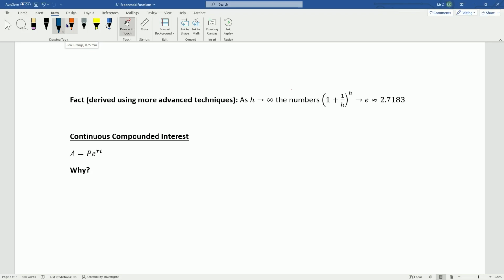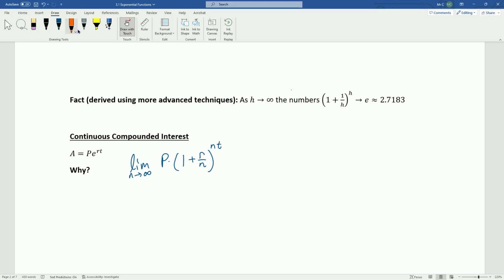So how do they figure out a formula for it? They took a limit, right? They looked at the formula for periodic compounding interest, P times 1 plus R over N to the NT power, and they asked, what happens as the number of times we compound our interest goes to infinity?